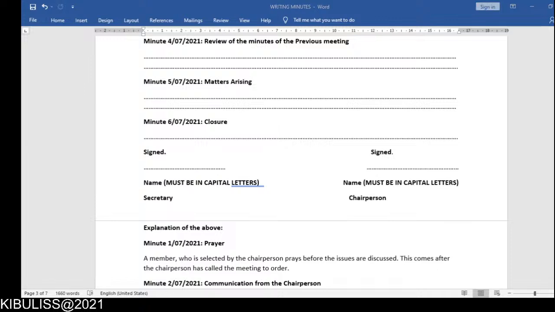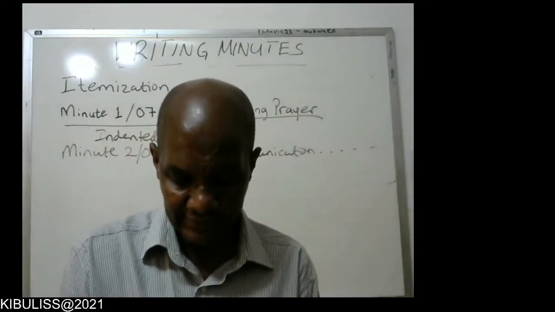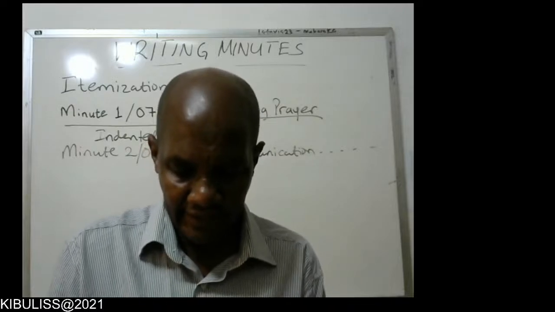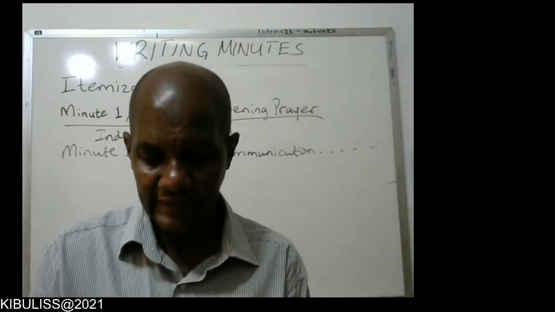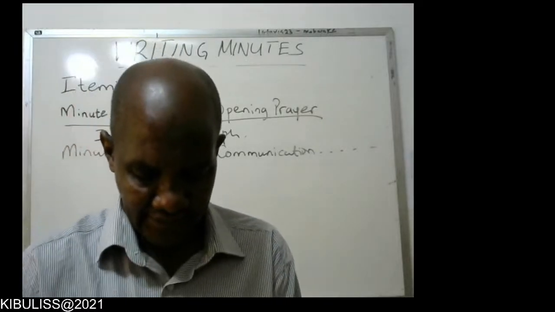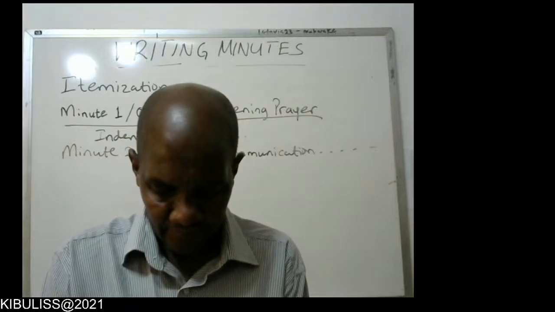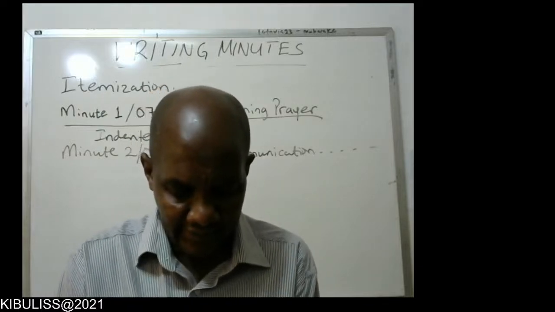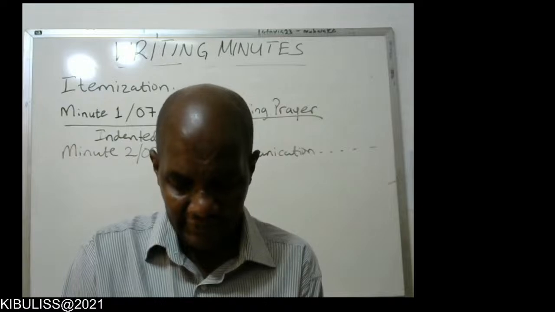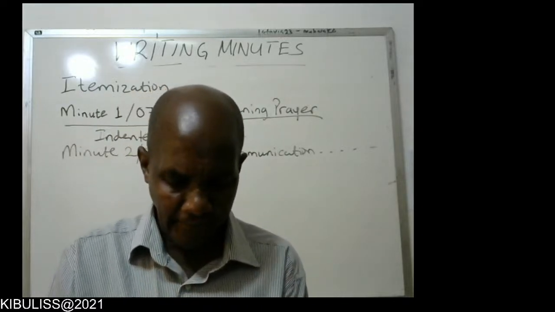It's always signature first, followed by the name. And the name must be in capital letters. Then under the name, you give the title. The title in this case is the secretary. So on the left hand side, it is the details about the secretary. On the right hand side, it is the details about the other person.